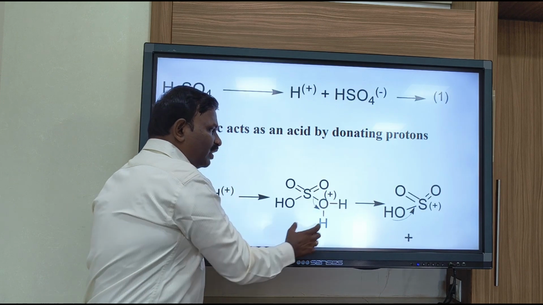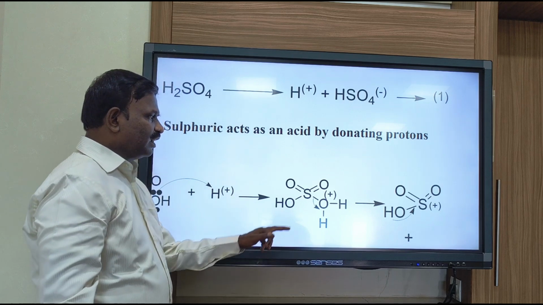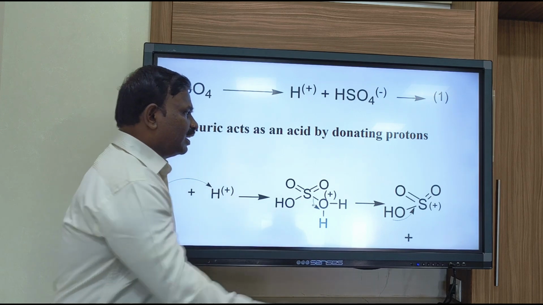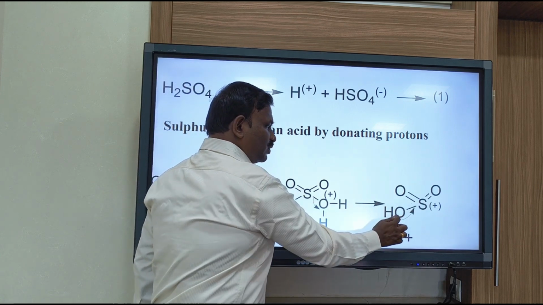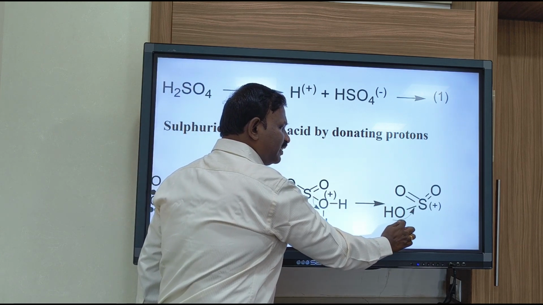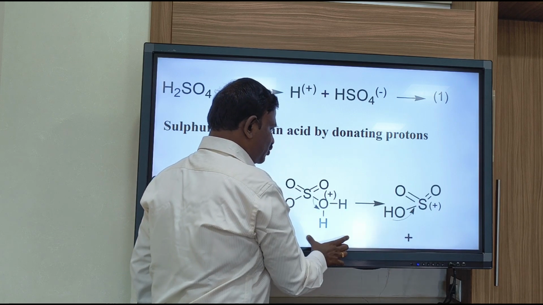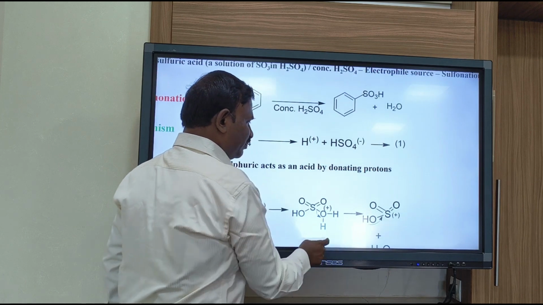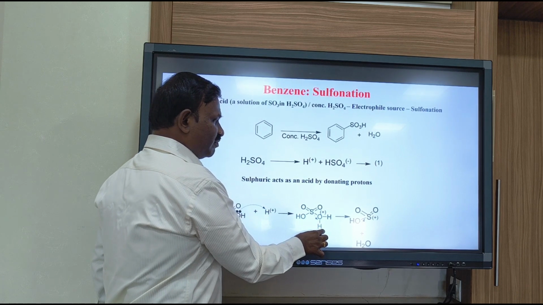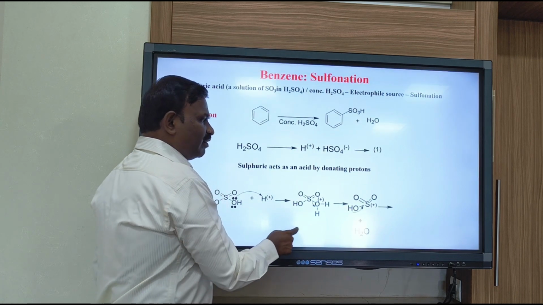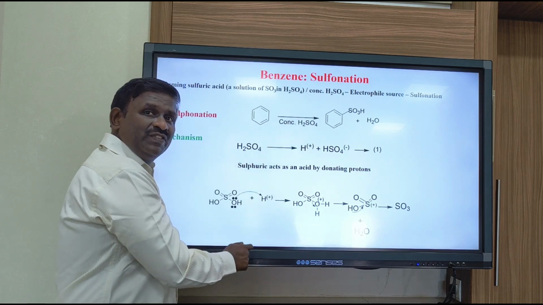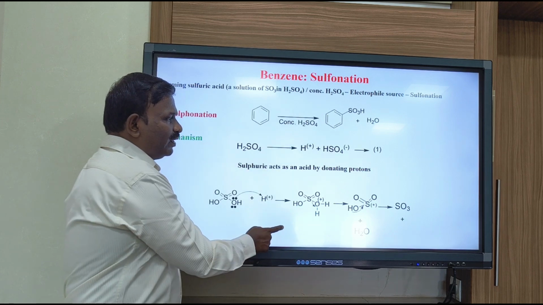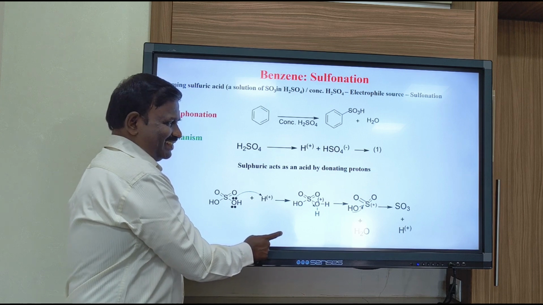Electrons are taken away from water, so it has become a positive center. To satisfy this positive center, the OH bond breaks and these electrons are utilized to form SO3, the electrophile which we need, along with the H plus.